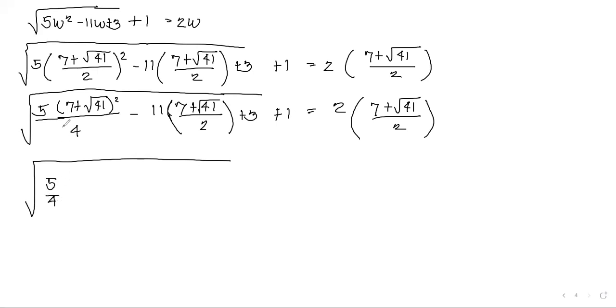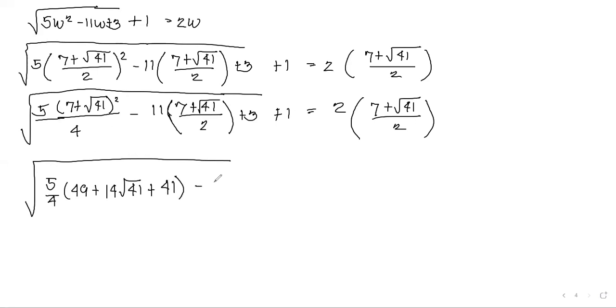5/4. Kasi 5 over 4. Then, ito. Expand natin to again. Ito is square natin. So, that is 49. Plus 2 times ito, 7 square root of 41 times 2. That is 14 square root of 41. Plus square root of 41 squared. Simply 41.